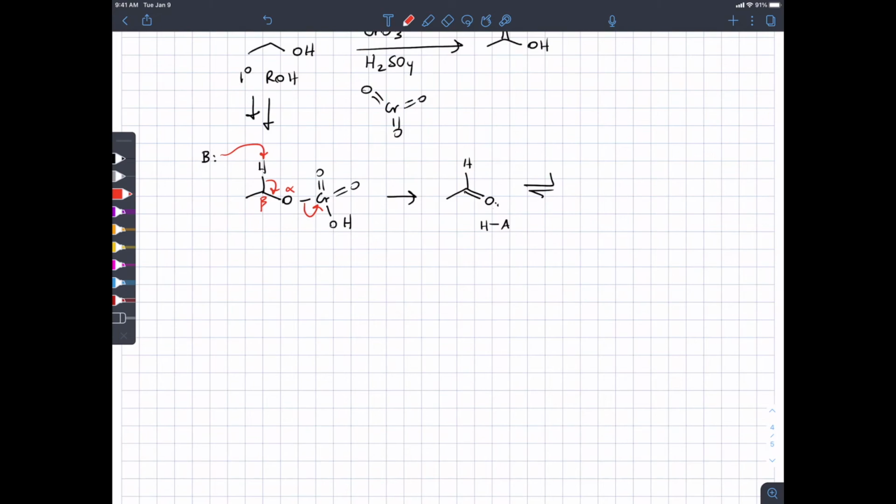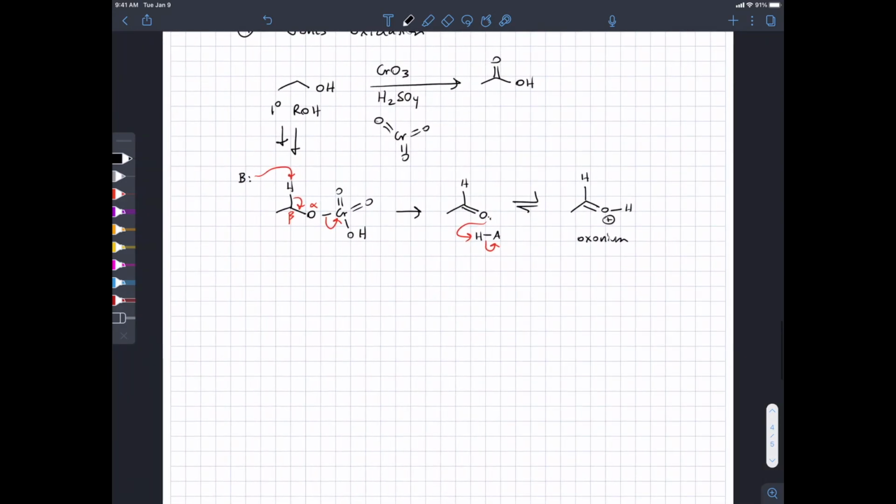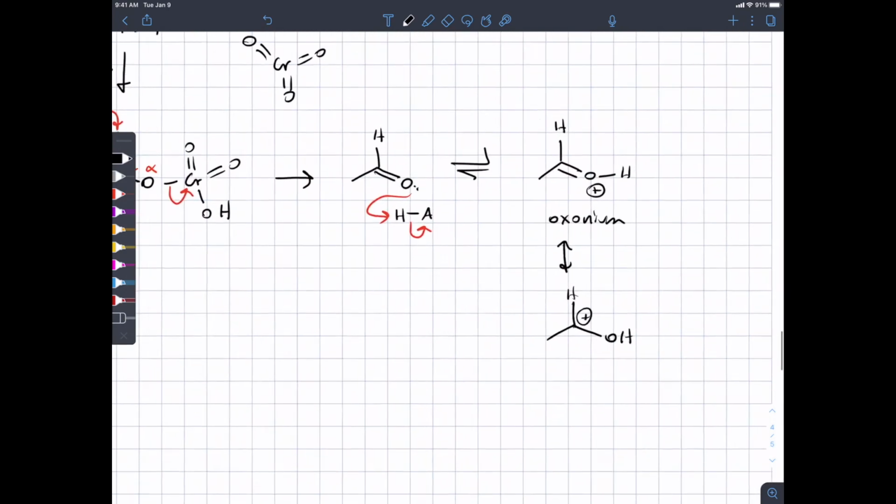The HOMO of the aldehyde is lone pairs on the oxygen. And that can get you in equilibrium with this protonated aldehyde, which we're going to call an oxonium ion. And then that oxonium ion has a resonance structure in which the positive charge is on carbon.